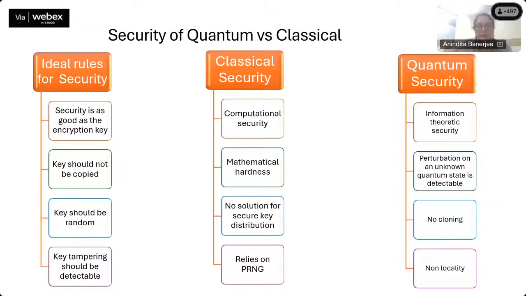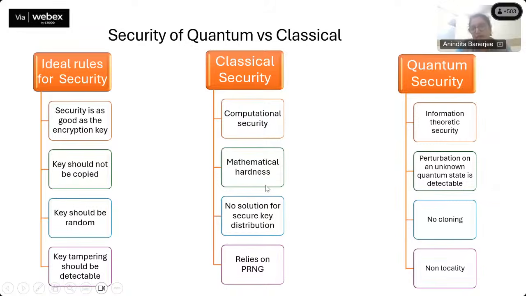Using entanglement and superposition, we will use the correlations there to generate correlated bit strings at both the ends, which will eventually form the encryption and decryption keys. So the key should not be copied. This is the ideal situation. They should be random enough. Key tampering should be detectable. This is desired.